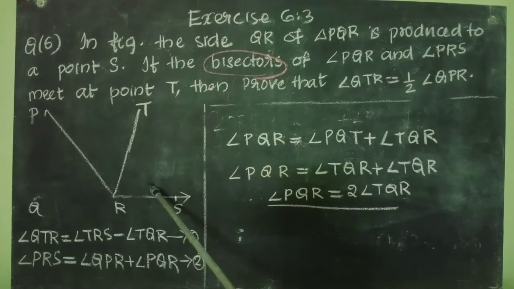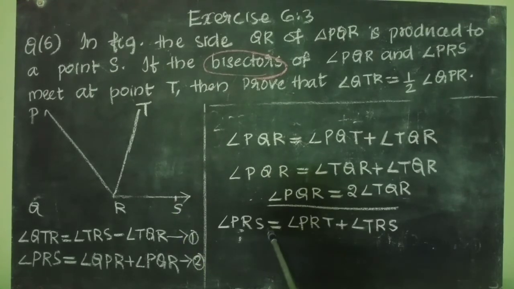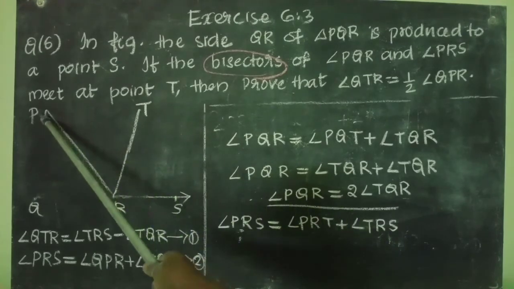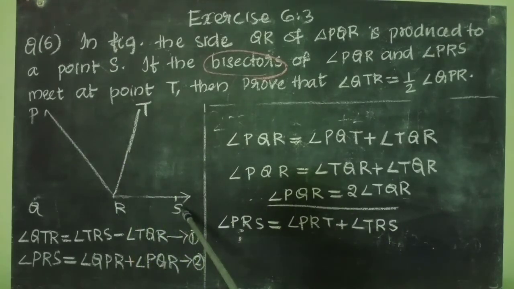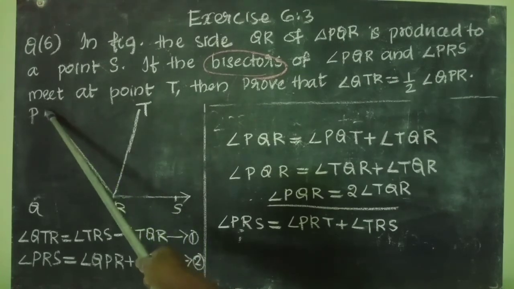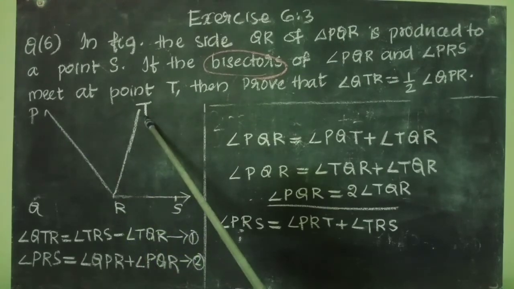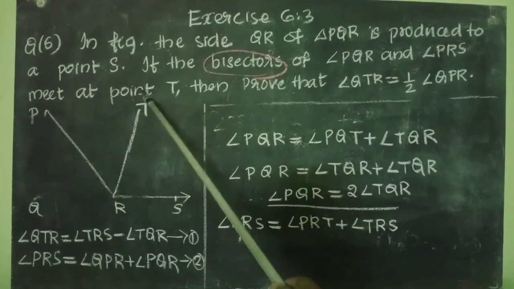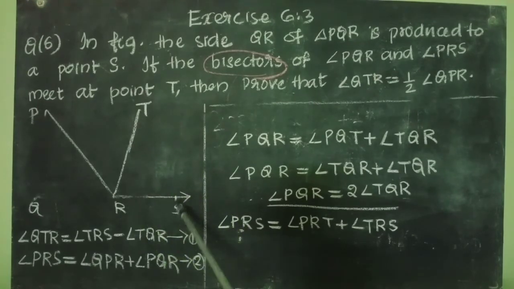So we can write angle PRS equals angle PRT plus angle TRS. In the same way, we replace angle PRT by angle TRS.